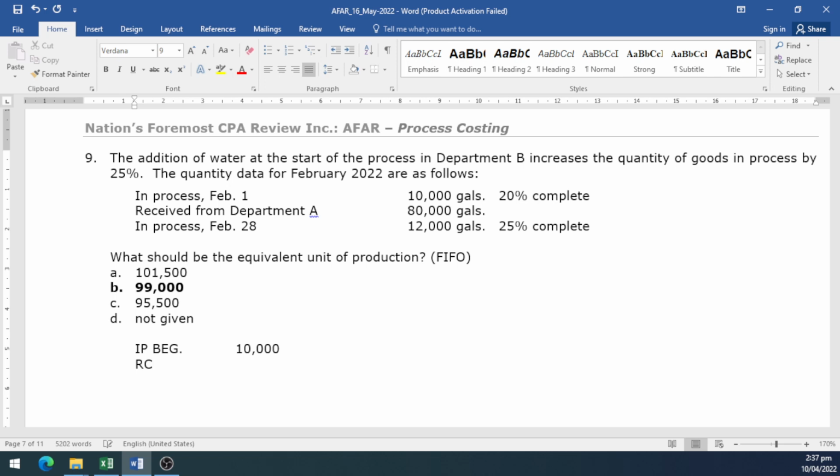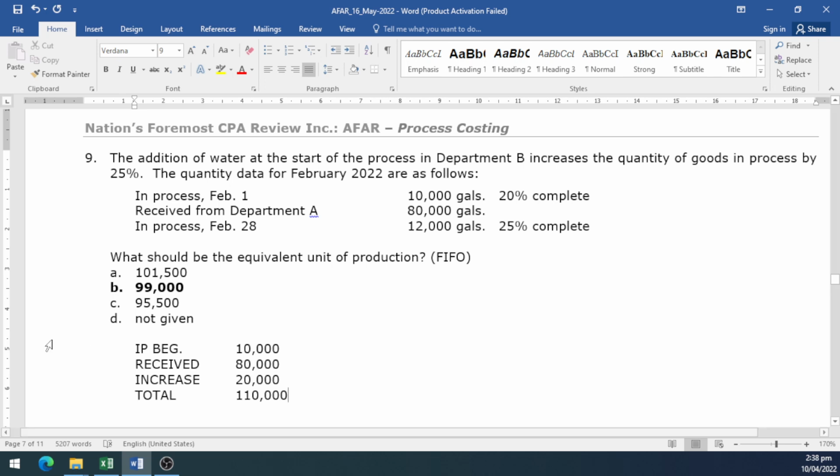Received 80,000, increase. 25% of 80, so that's 20,000. Total, 110,000. Yun ang ating i-accounting, 110,000 units.